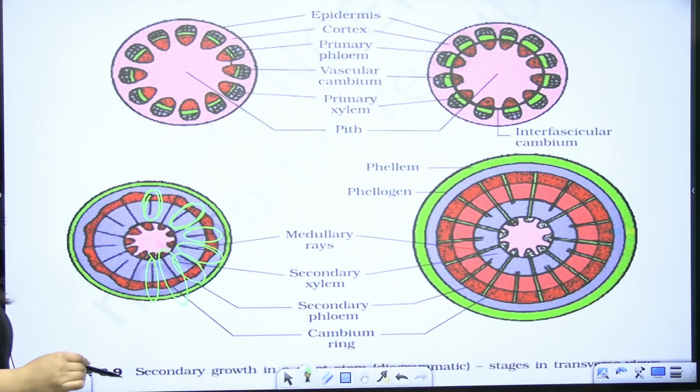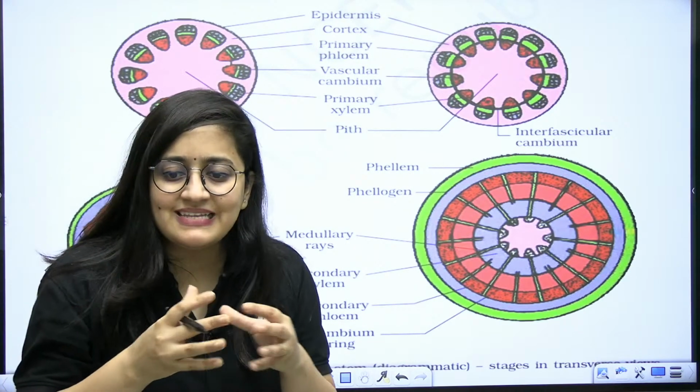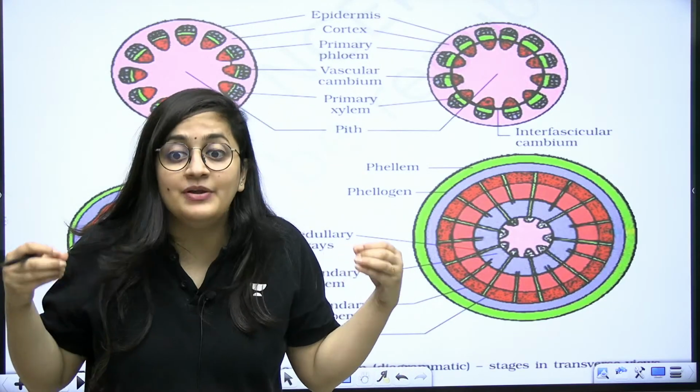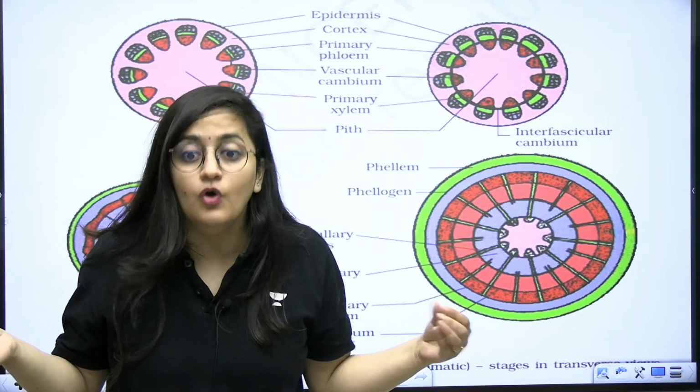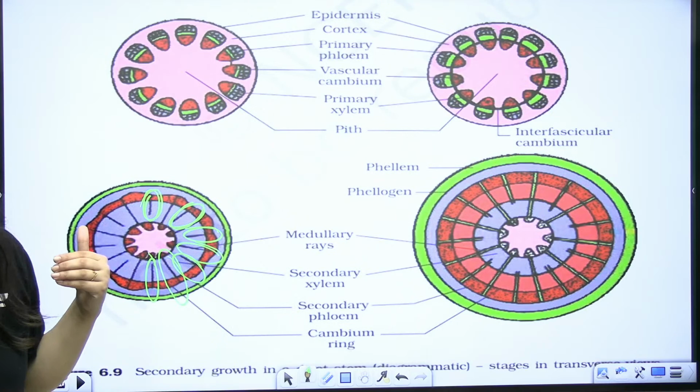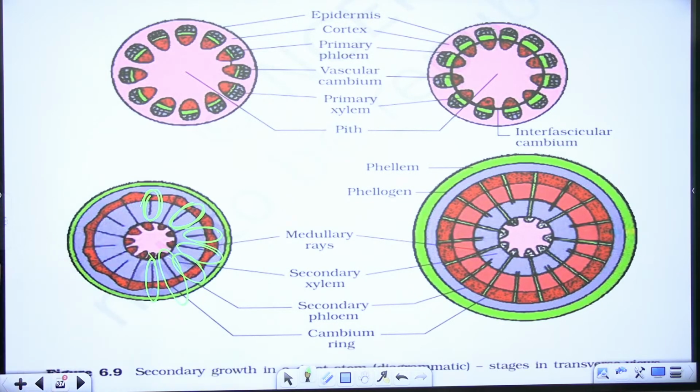So obviously the cell number is increasing, so the girth, diameter and circumference are increasing. Of course it is increasing. So this is all about the activity of this vascular cambium.